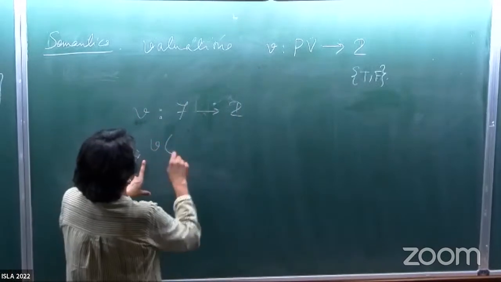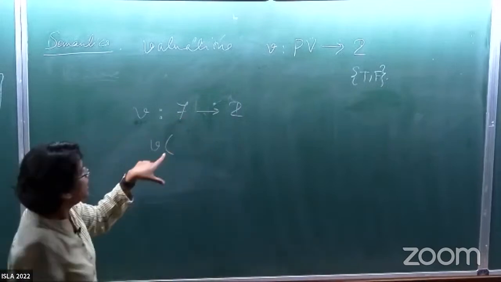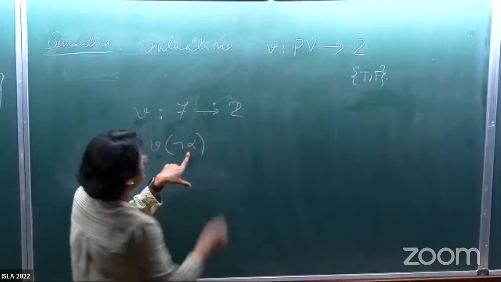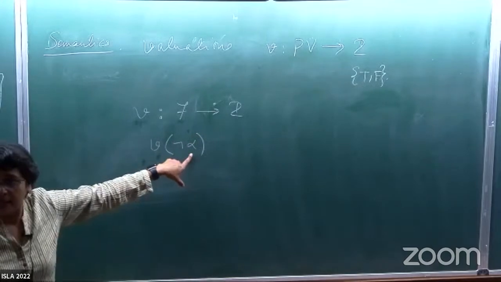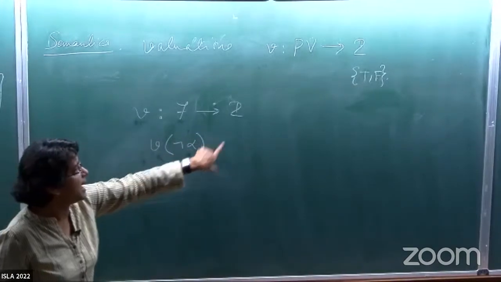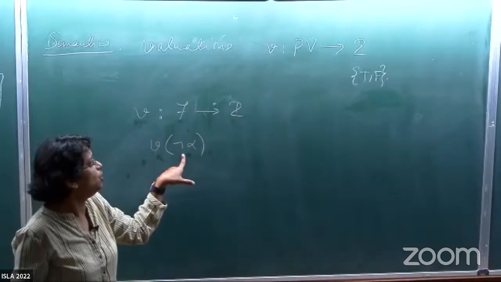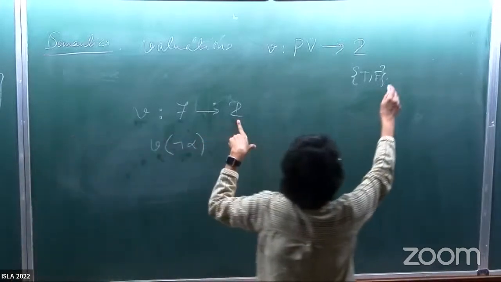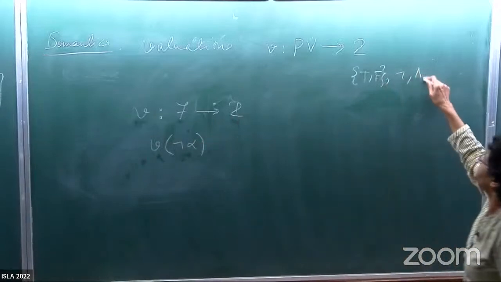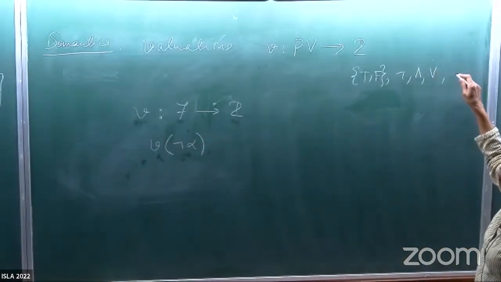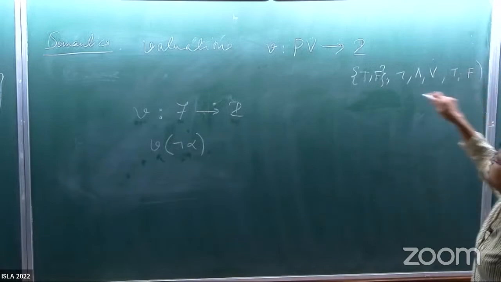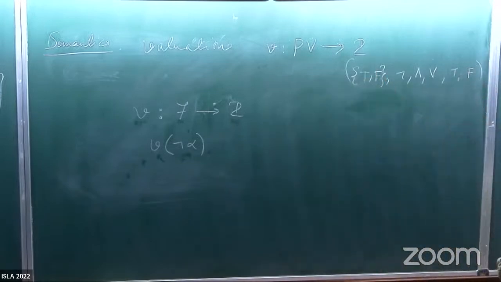So clearly, since this is defined recursively, we will look at, say, a formula like this. Where will it be mapped to? It will be mapped to the 2-valued set. And in the 2-valued set, we already have these operations, right? Which make it a Boolean algebra.